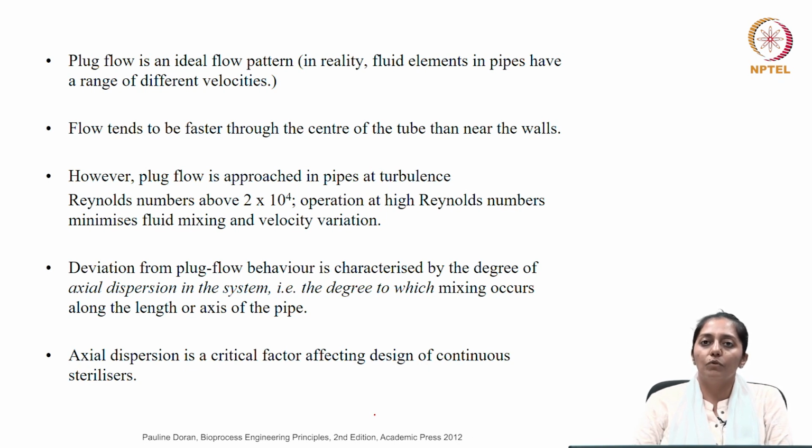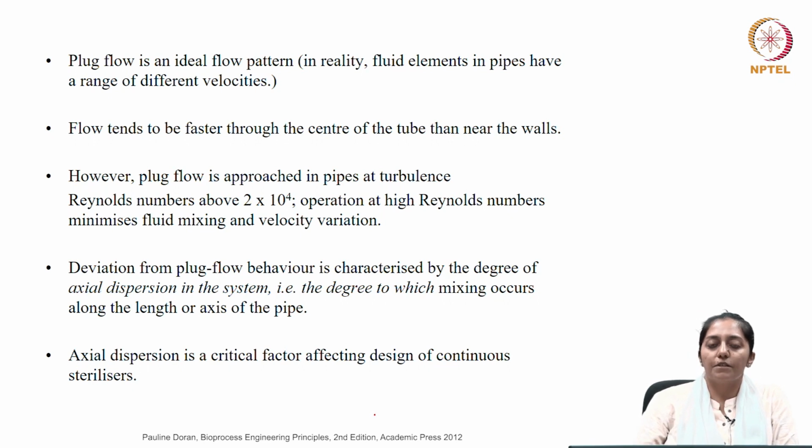So if we have to characterize the non-ideal behavior of the fluid flow, we must be able to characterize the degree of axial dispersion in this system. That is the degree to which the mixing is occurring along the length or the axis of the pipe.